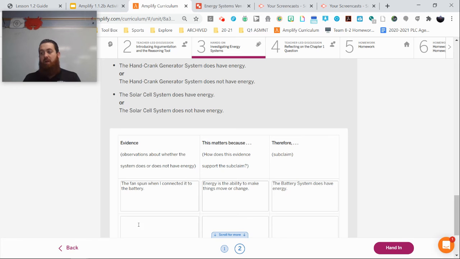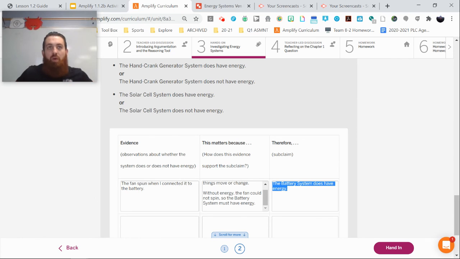We could put something in there like, without energy, the fan could not spin, so the battery system must have energy, okay? Notice that sentence there alone connects not only this idea of energy, not only the idea that the fan spun, but our final subclaim that the battery system does have energy.